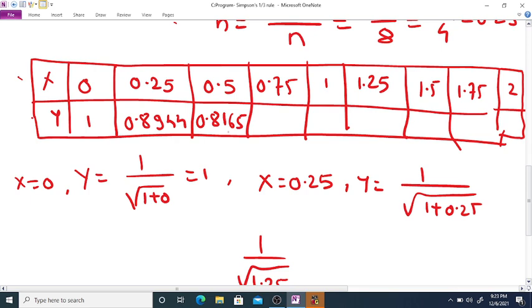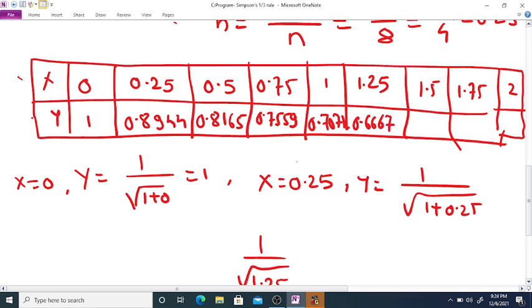Next, if x is equal to 0.75, then y is equal to 0.7559. When x is equal to 1, it is equal to 1 by square root 2, so it is 0.7071. For 1.25, it is equal to 0.6667.